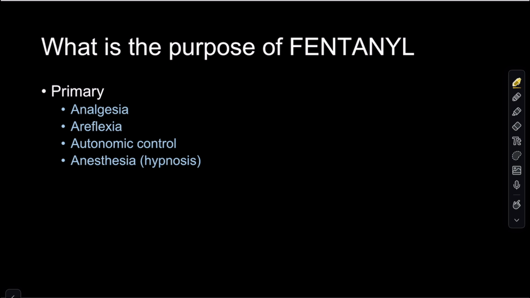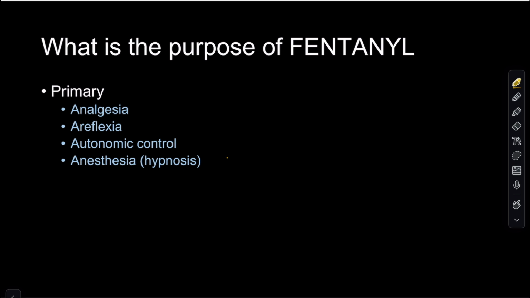So fentanyl has a couple different purposes. The big ones are going to be analgesia, so it's helping reduce pain, which makes sense because fentanyl is an opioid. Areflexia, the big thing here is it can reduce vocal cord spasm during intubation. It helps with autonomic control and reduces the sympathetic response during laryngoscopy.